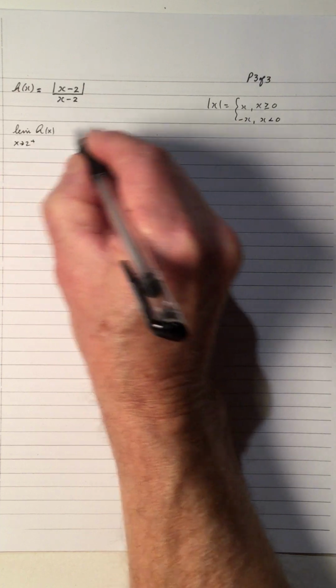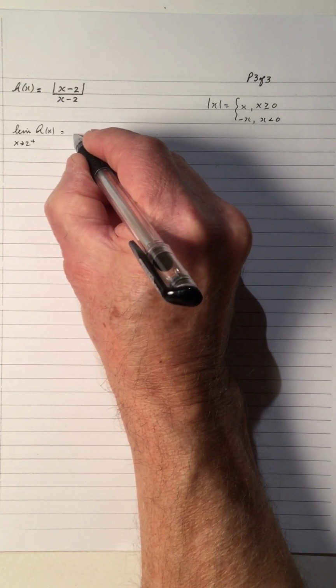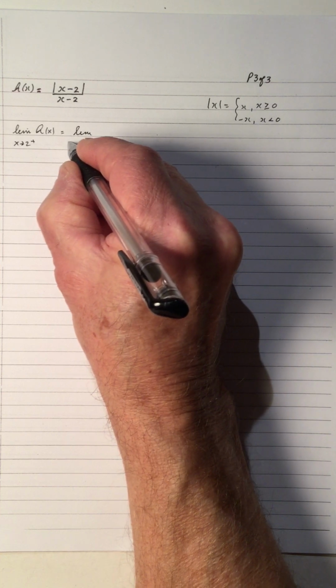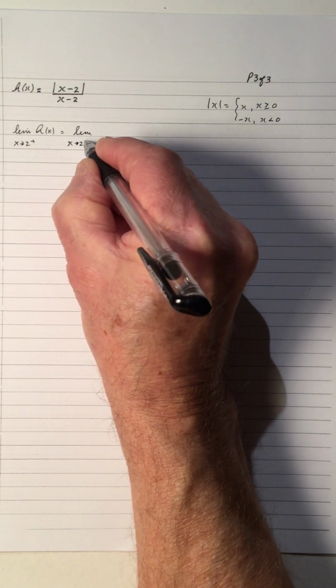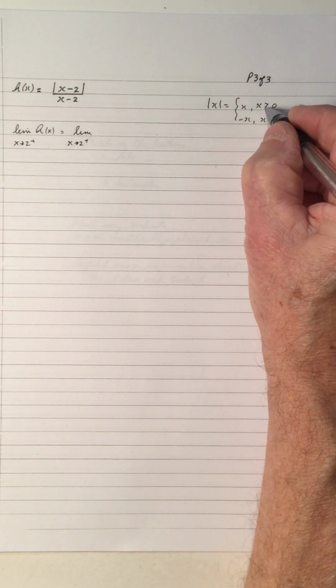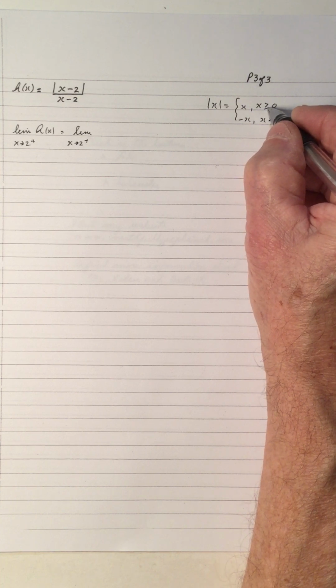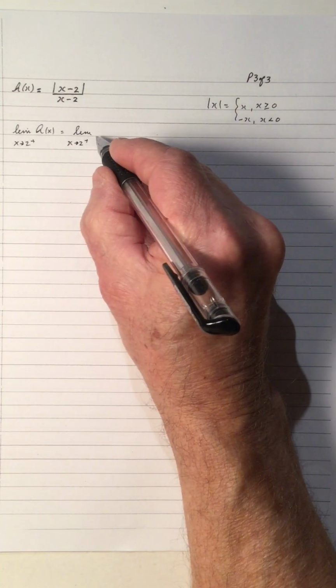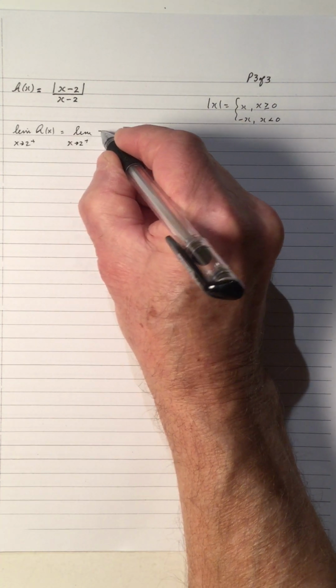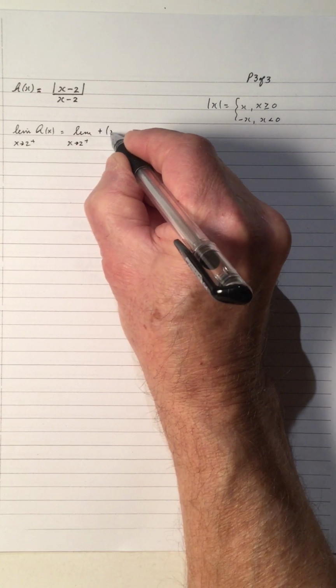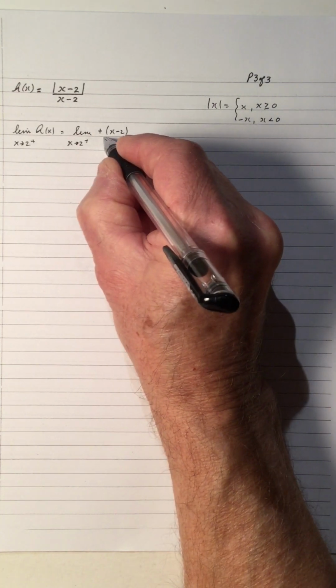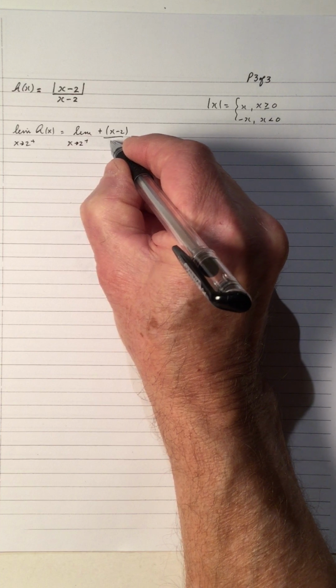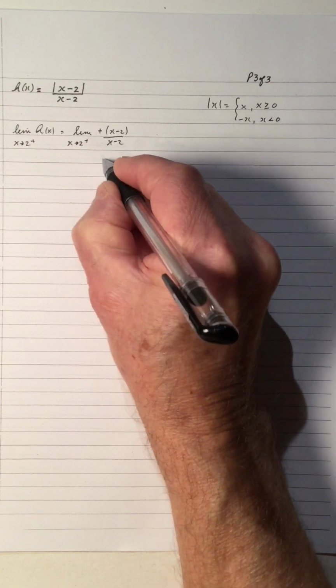2 on the right side. So as it approaches 2 on the right side, that is greater than or equal to 0, so this is greater than or equal to 2, so that's the positive of x minus 2 over x minus 2.